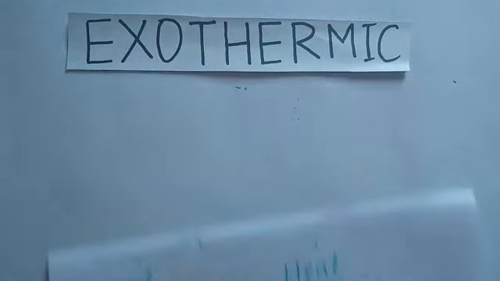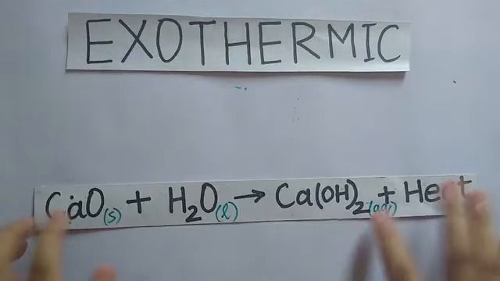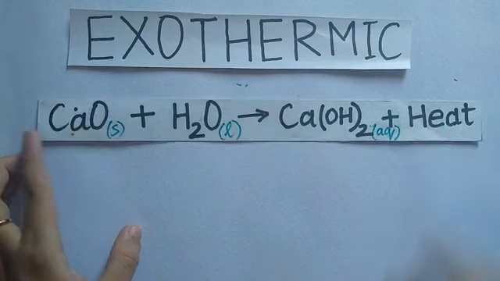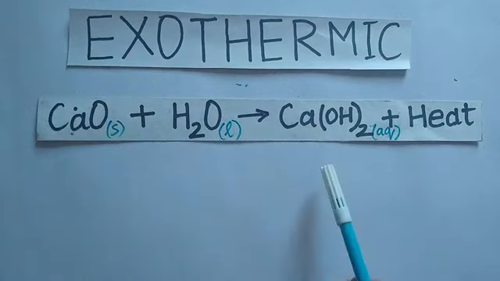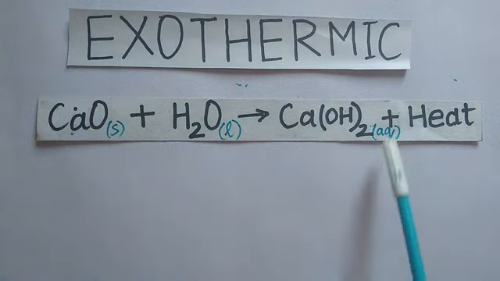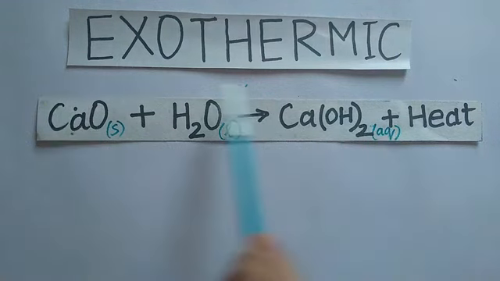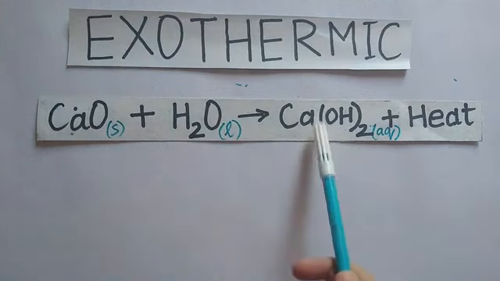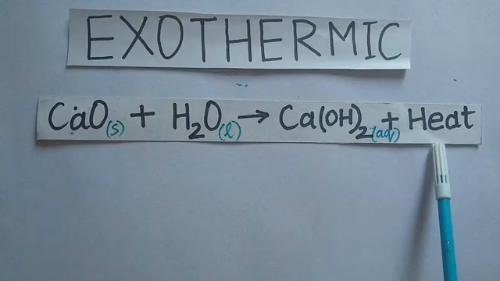We've previously seen an example for an exothermic reaction, which was CaO plus H2O giving calcium hydroxide and heat, right? If you see, this was also an example for your combination reaction. Remember, only a single product was formed.